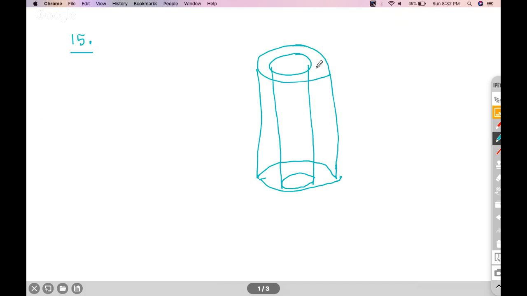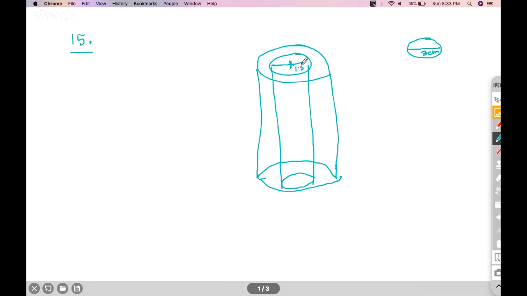Now I will find out the volume of this hollow cylinder. So diameter is bore of 3 centimeters. The diameter of the hollow part is known as bore. So this is 3 centimeter.